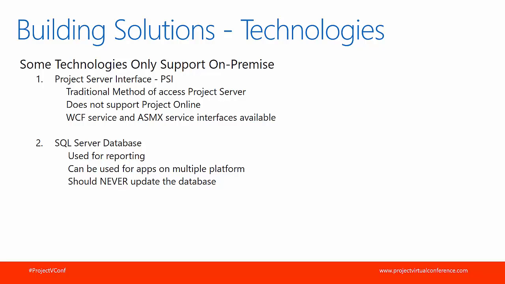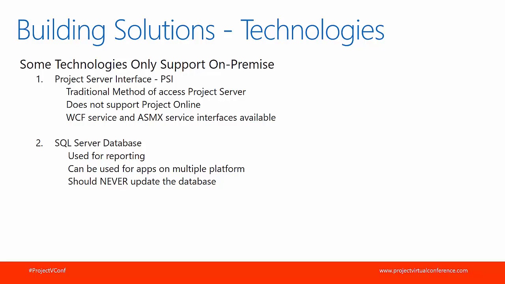So now I'm going to take a brief look at the technologies that are available to interface with Project Server and Project Online. If you previously worked with Project Server solutions, you may be familiar with the Project Server Interface, or the PSI. This is a collection of service interfaces that allow you to access and update configuration and content in the Project Server environment. I say Project Server because it's not supported for Project Online.